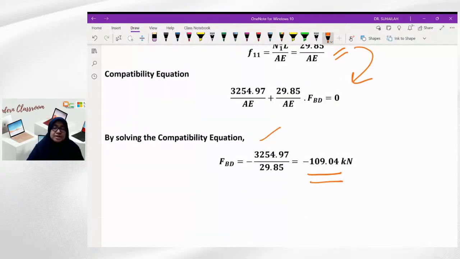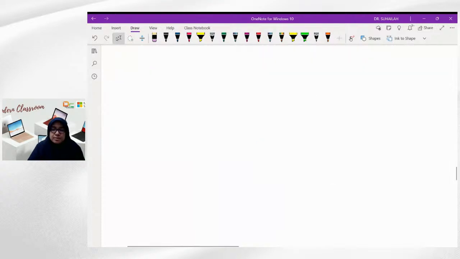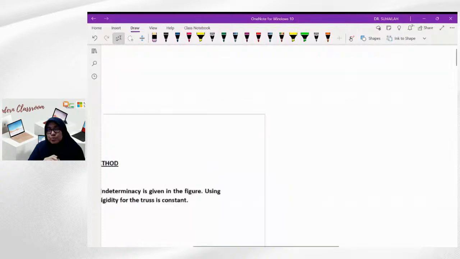Then we substitute into the compatibility equation, because we will determine the redundant using the compatibility equation. Solving the compatibility equation, we will get FBD. So that is how we analyze this truss.